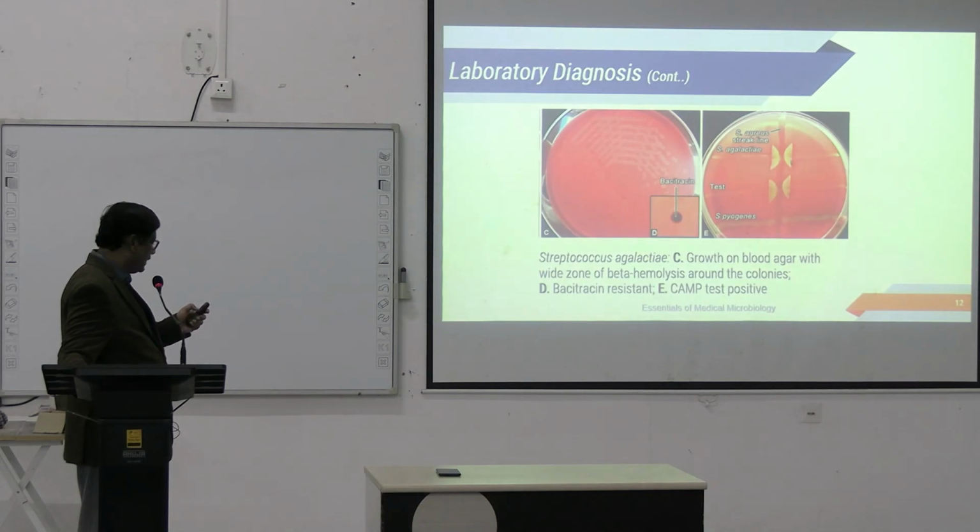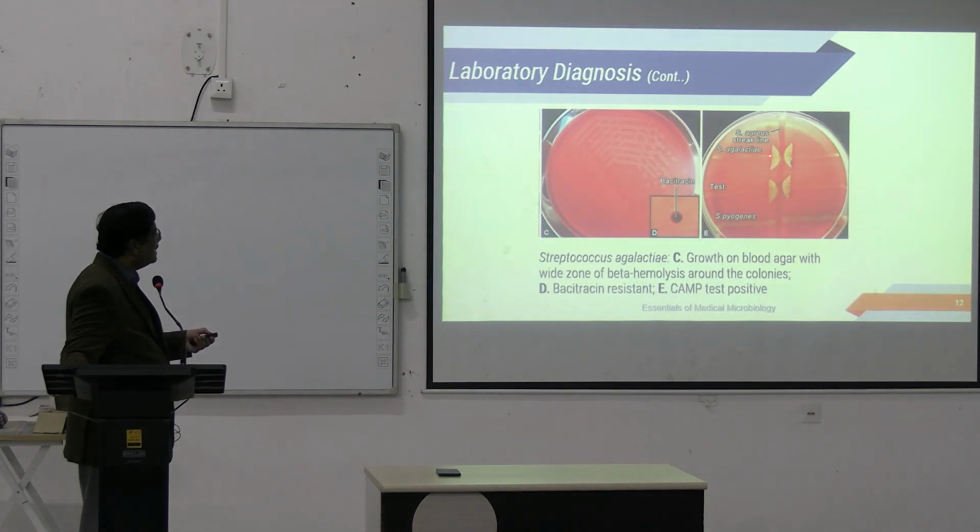This is the picture of the CAMP test, beta hemolysis, bacitracin resistance, with no extra zone of hemolysis surrounding the disc, and this is the increased zone of hemolysis. This is the Staphylococcus aureus streaking on the blood agar plate.